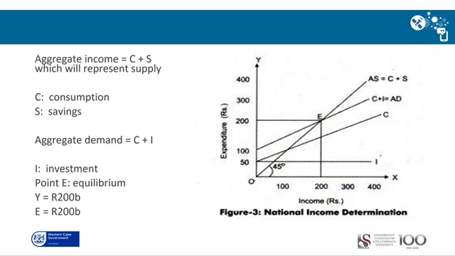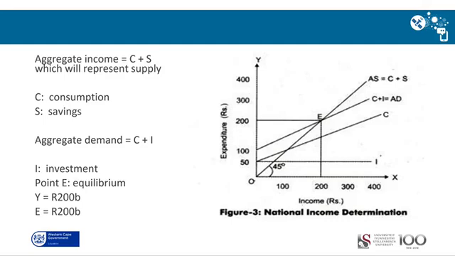Then you also have your demand curve, and your demand is, once again, your consumption plus investment. So what did we say? Where your aggregate supply meets your aggregate demand, that would be your point of equilibrium. There you have your consumption and there you have your investment.